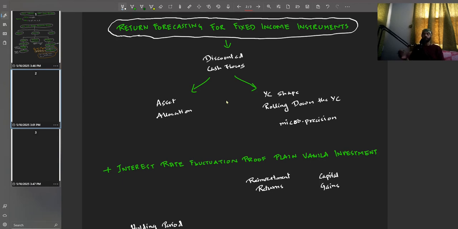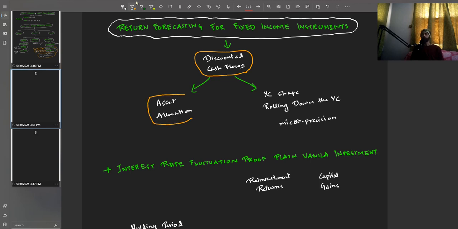Now friends, when we are trying to forecast the returns of fixed income instruments, especially plain vanilla instruments where embedded options are not there, a very important tool is discounted cash flows. We want to understand the returns through discounted cash flows. Now, the level of granularity depends on the kind of precision that is required. Let's say you are trying to do asset allocation.